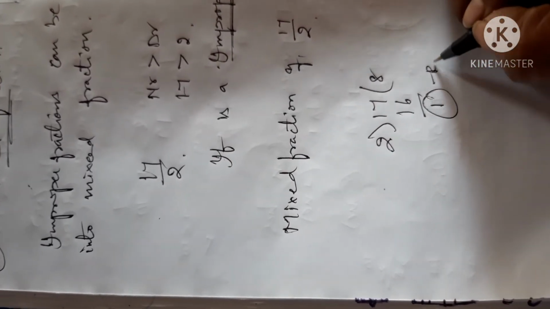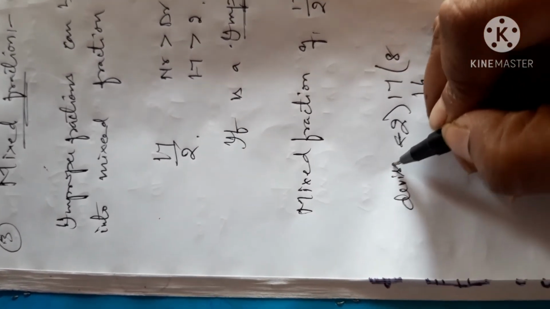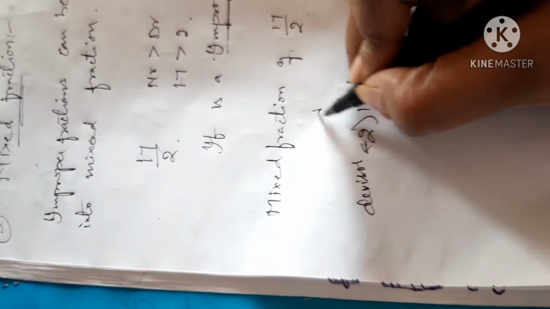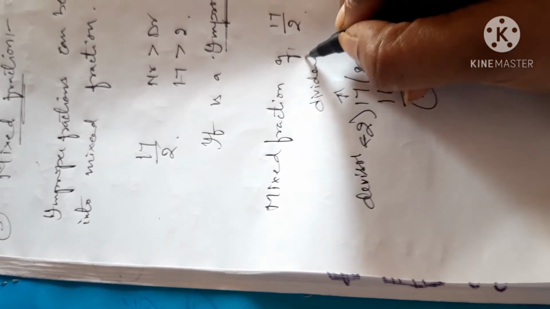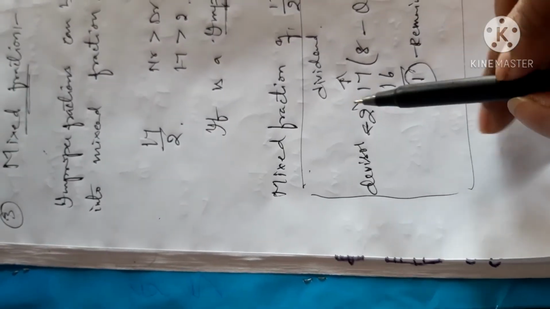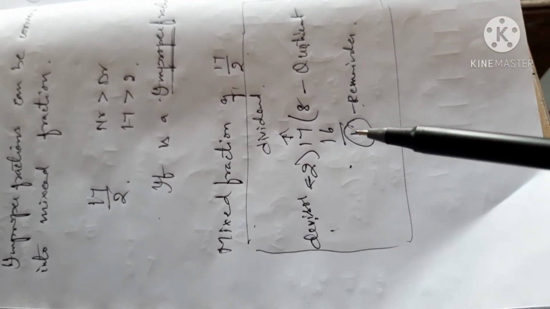This is the divisor, this is the quotient, this is the dividend. If you want to know the mixed fraction, you should know these parts: which is the divisor, which is the quotient, which is the remainder.